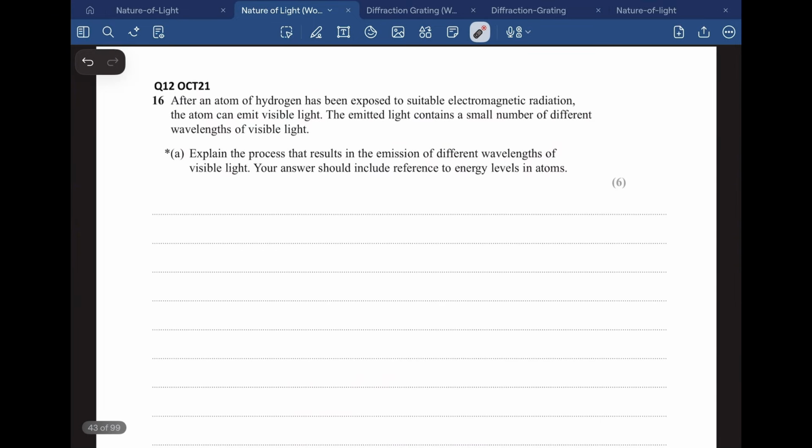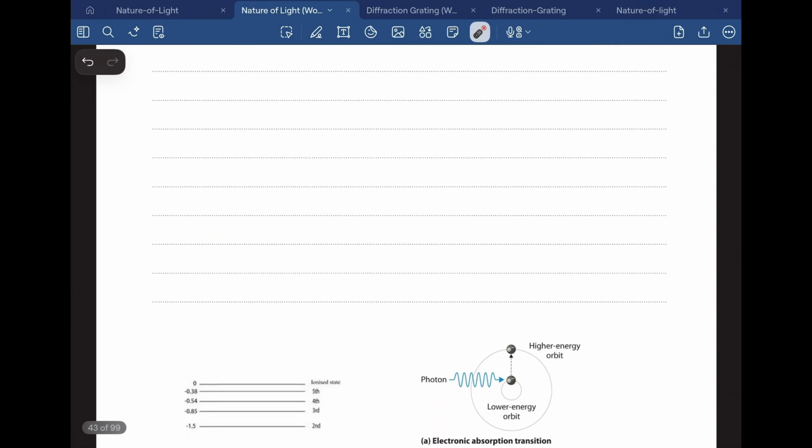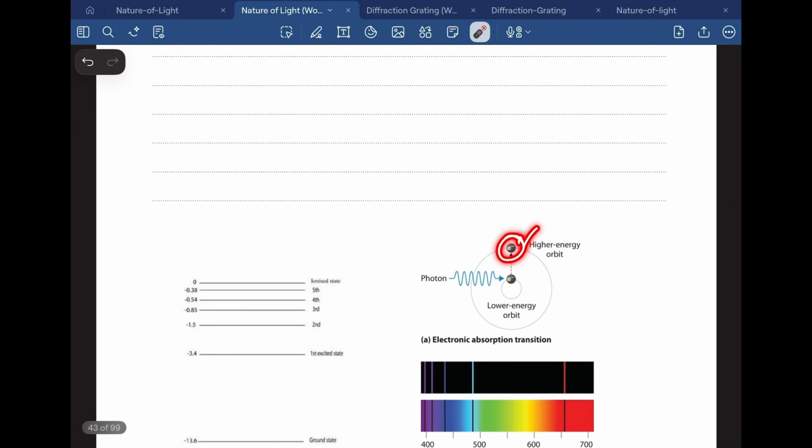The next line says the emitted light contains a small number of different wavelengths of visible light. We know that when an electron moves to a high energy level, it is unstable, it cannot stay right there, it will fall back, and when it falls back it emits.